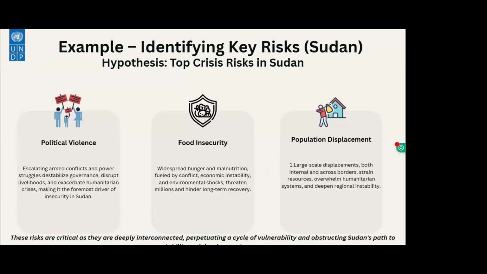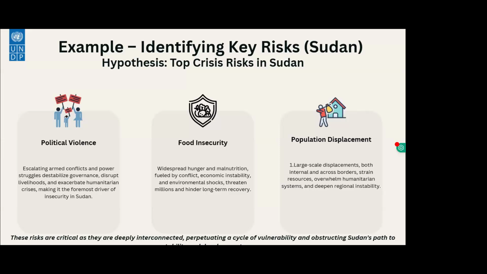Conflict and food insecurity most of the time force people to flee their homes, leading to a large number of internally displaced persons or refugees fleeing to neighboring countries. So this displacement is a crisis factor on its own. Of course, it creates humanitarian emergencies, whether in camps or urban areas where people relocate. And it can also cause tensions in host communities and neighboring regions.